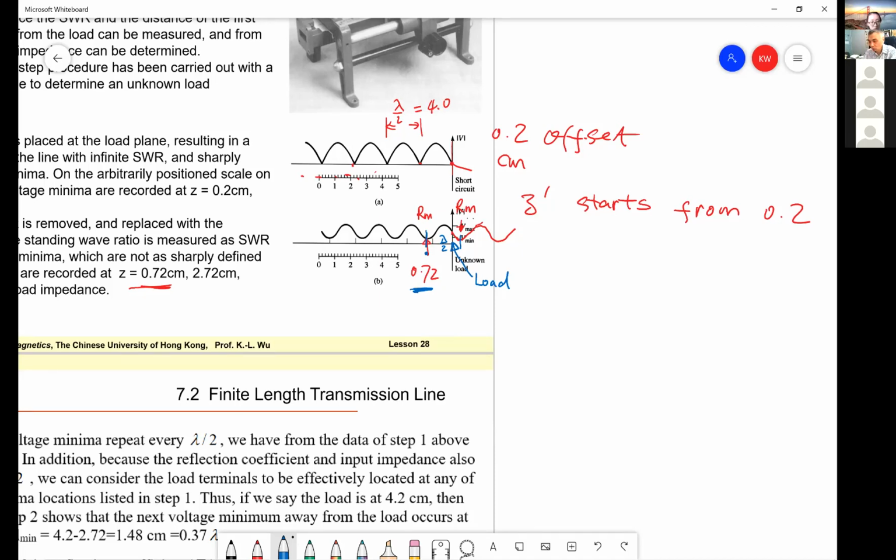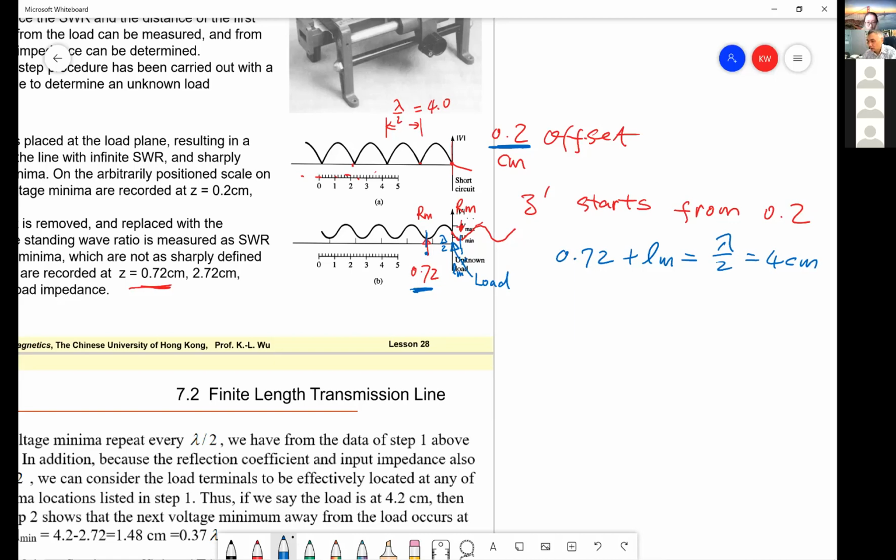So therefore, what we should have is, we measure this Lm first, but this Lm should be offset by 0.2 centimeter. So that means we have 0.72 plus Lm equal to half wavelength, which is 4 centimeter.